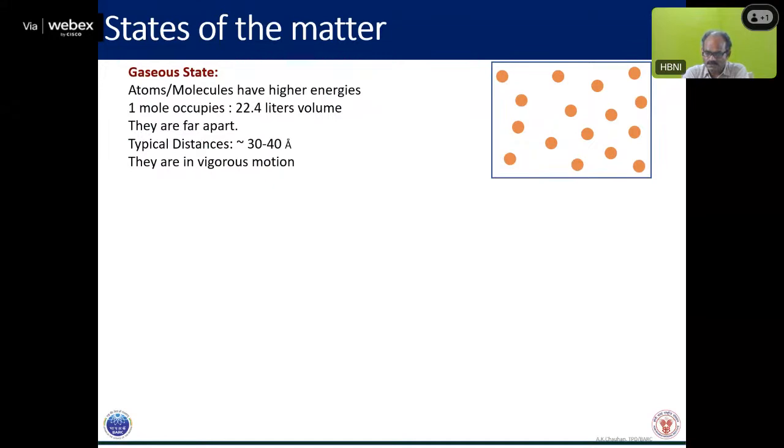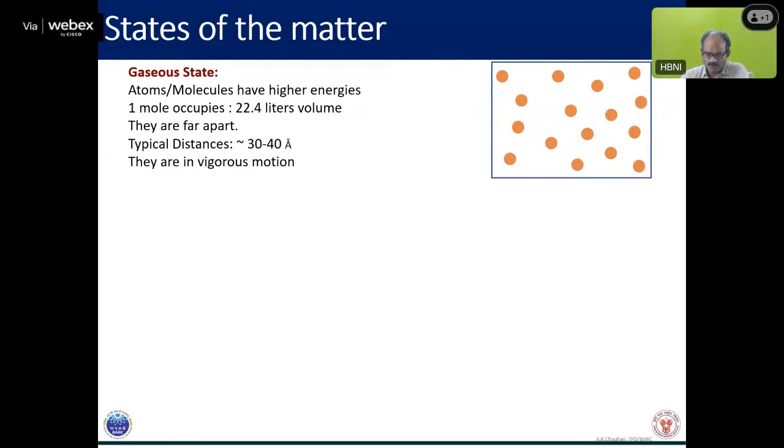So if we consider the vapor state, the atoms and molecules have very high energies, and from the basics, we know that 1 mole of gas occupies 22.4 liters of volume. They are very far from each other, and the interaction is minimum.